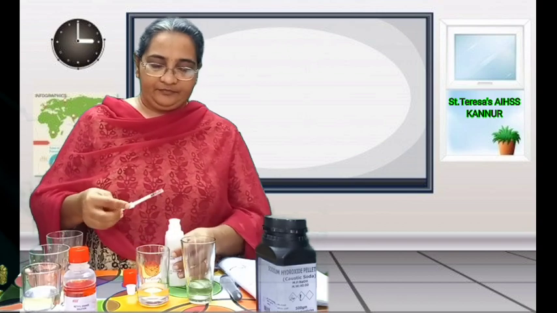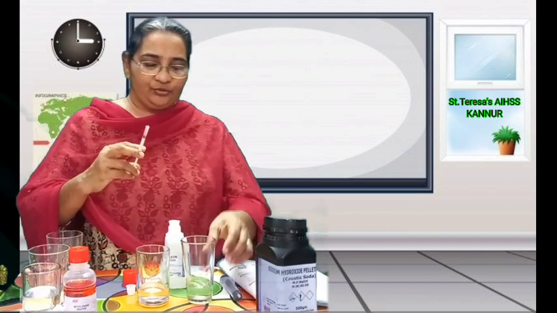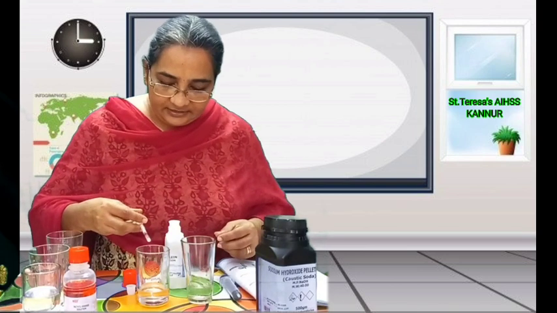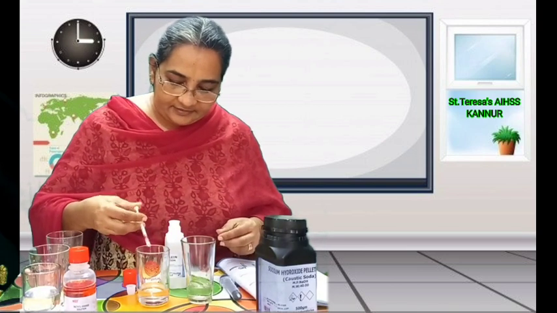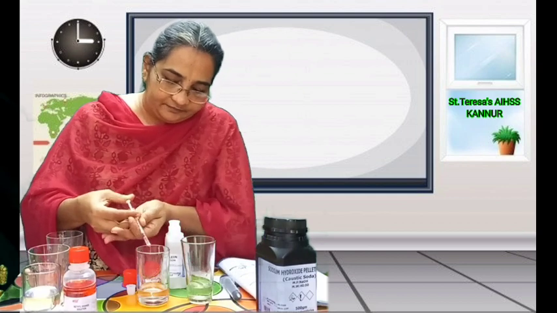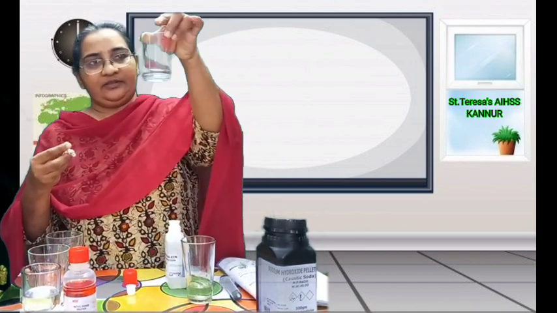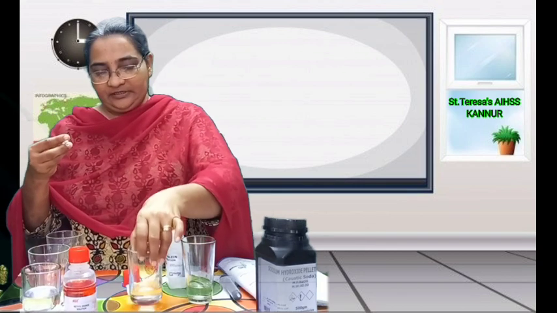So this is an indicator. I am going to put just 2 drops of phenolphthalein into both. First I put 2 drops in vinegar here.